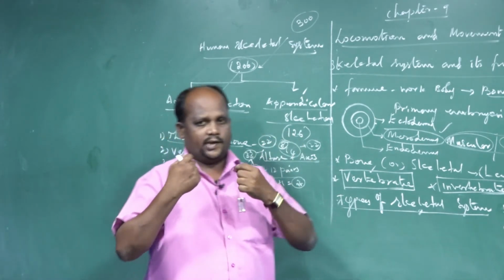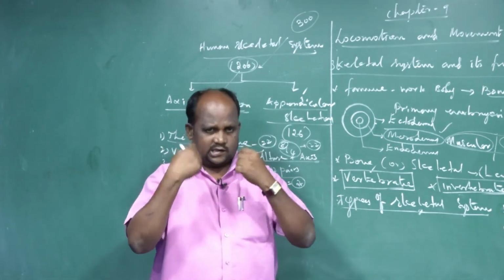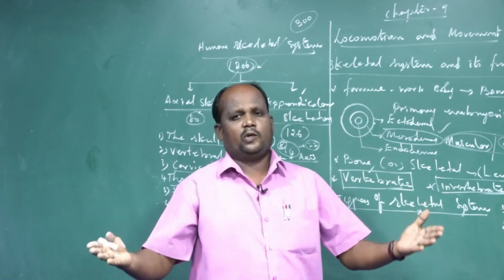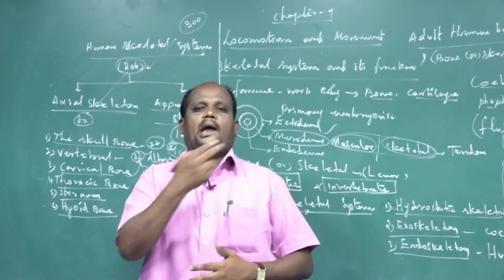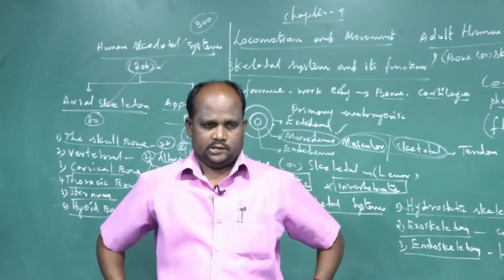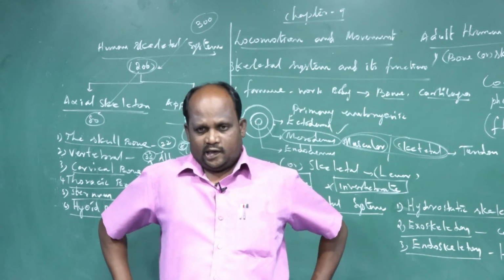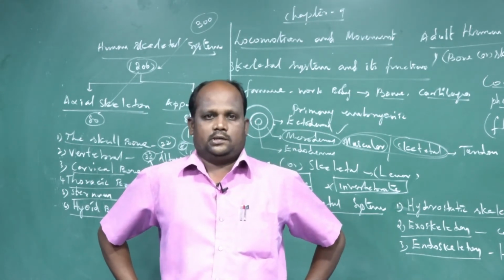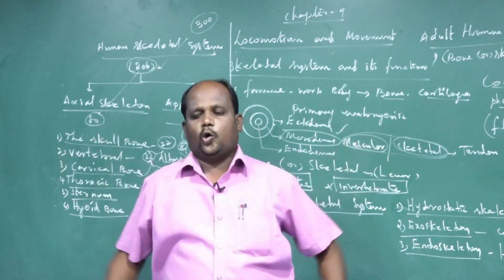Simply I will tell the number of bones, then explain elaborately. Just listen. The appendicular skeleton includes the pectoral girdle and pelvic girdle. That is called the pectoral region, and below the abdomen is the pelvic girdle. Another one is upper limbs and lower limbs.